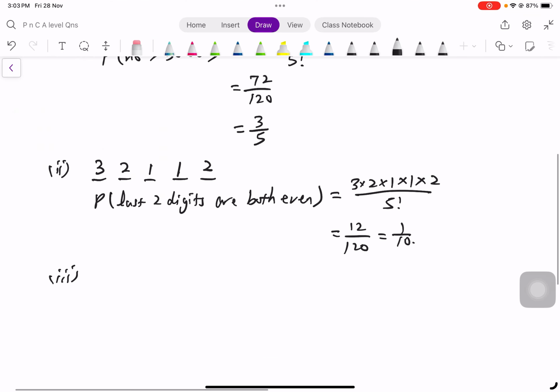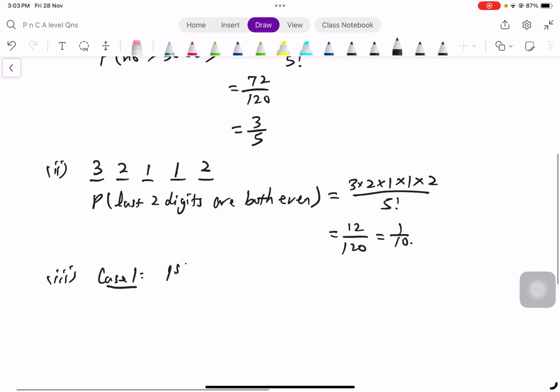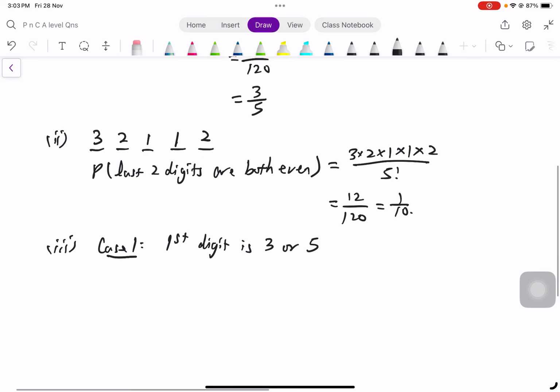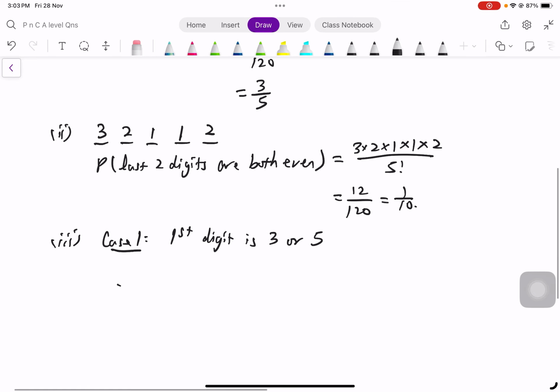Let's say case number 1. The first digit is either 3 or 5. Then in this case, this is a 5-digit number, and the first digit is 3 or 5.